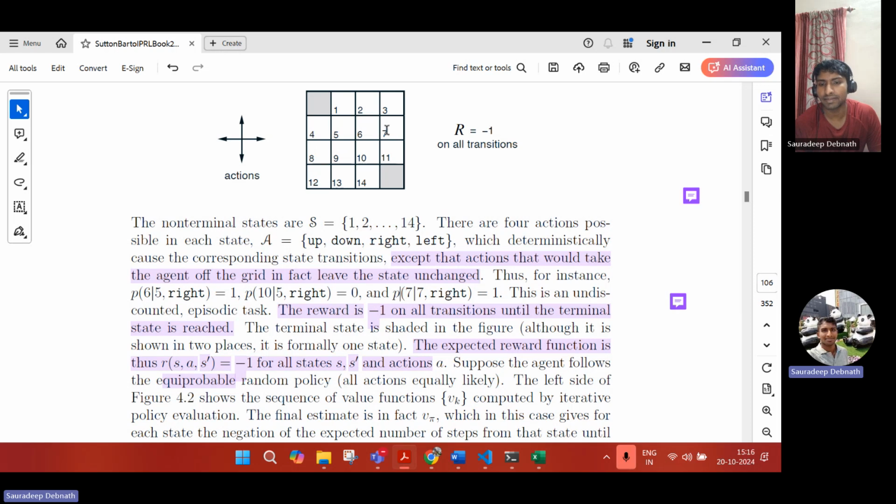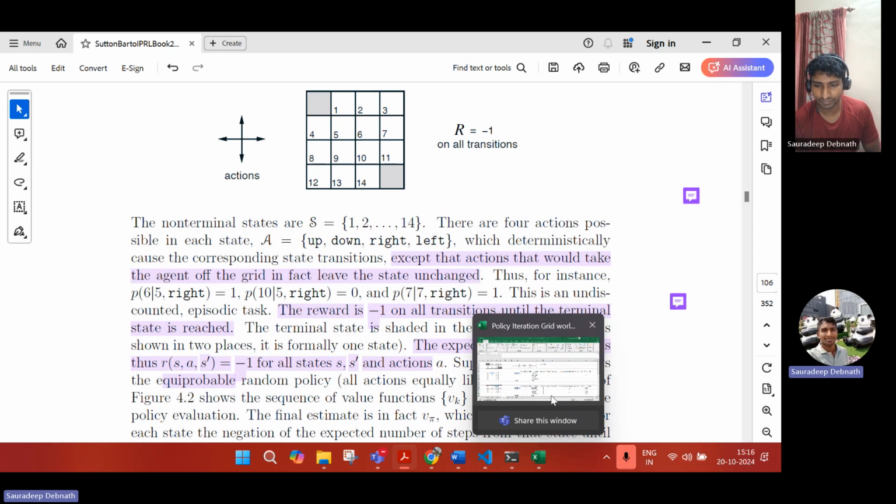Suppose we are at 7 and we take right, but there is nothing to the right of 7, so it will just remain at 7. So we have P(7 | 7, right) is 1. So let's try to solve it by hand, that is, by Excel.